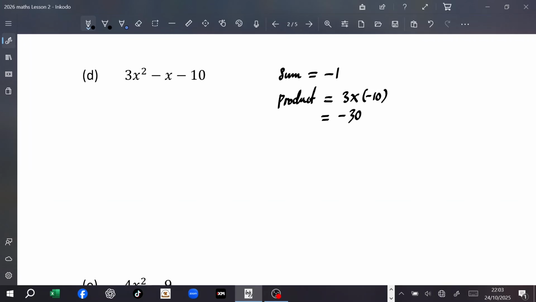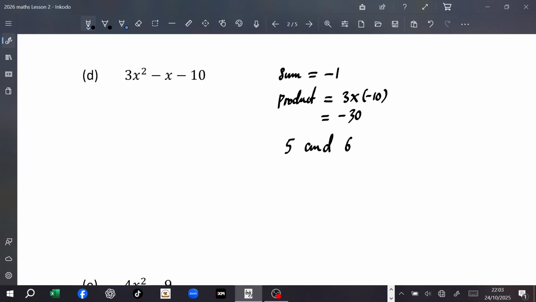Which two numbers, when we multiply them, will give us negative 30, and when we add them, will give us negative 1. Again, you just have to be clever here. There's no clue. So the numbers are actually 5 and 6.